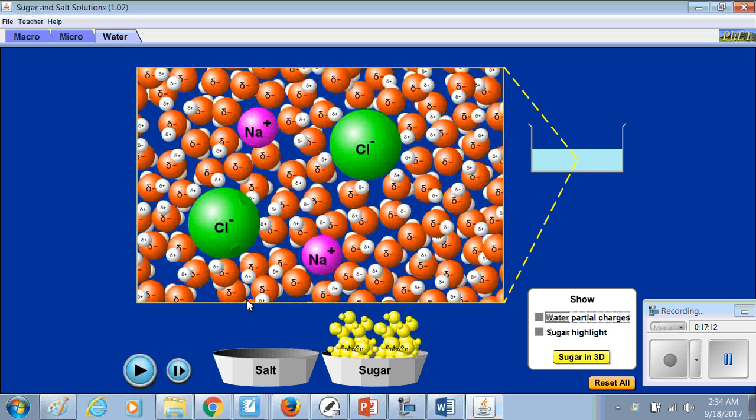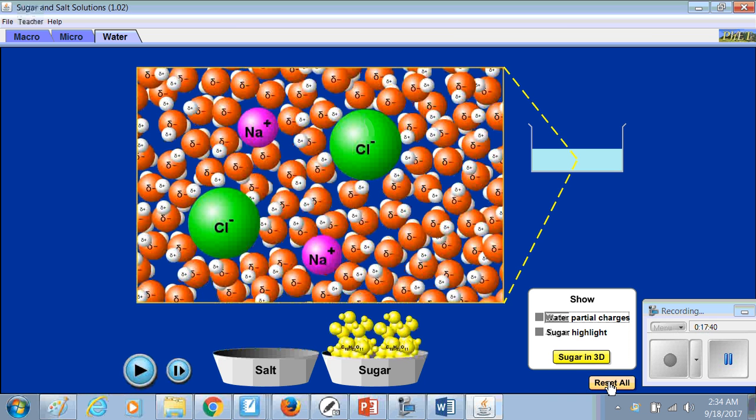The sodium chloride that was together in its solid crystal lattice, when I put it into water, not only will it dissolve, but it will also pull apart or dissociate into specific ions. And this process of water surrounding the solute is called solvation, or if it's in water, it's called hydration. So if I say hydration, that means that water is surrounding the solute.